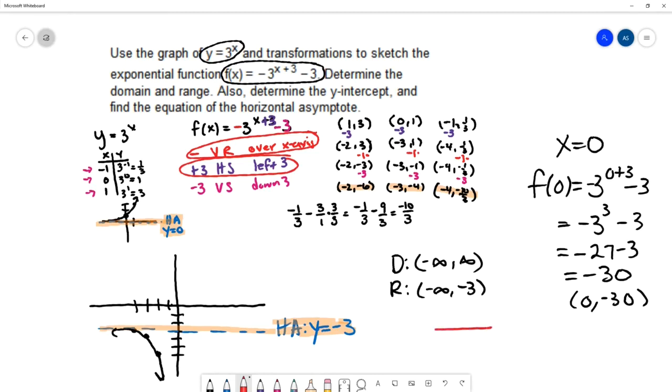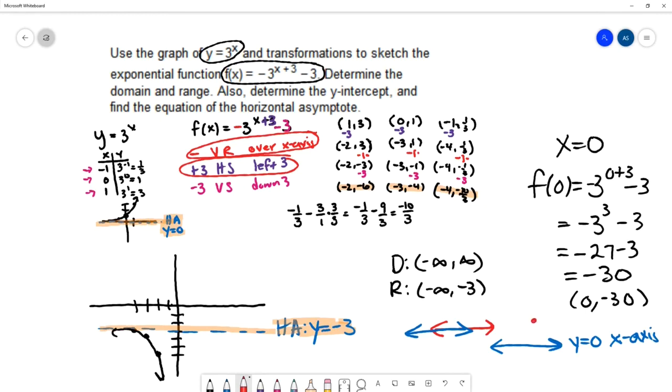If you take a horizontal line and you try to shift it left or right, it's going to be right on top of the old line, so that has no effect on it. And when you do a reflection, that would normally have an effect, but because your horizontal asymptote is y equals 0 and it's right on top of your x-axis, it doesn't have any effect.